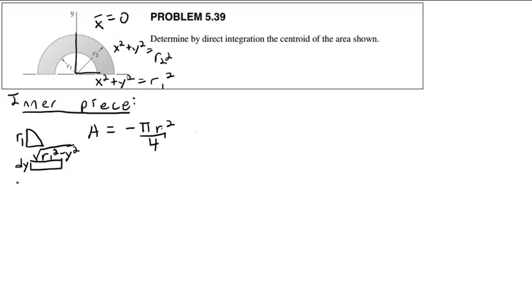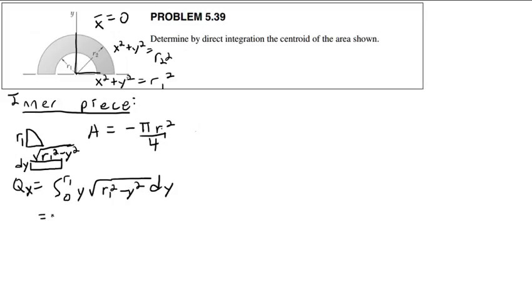Then I'm going to say, all right, qx is equal to the integral from 0 to r1 of, let's say, y dA. So this is going to be y times root r1 squared minus y squared dy.